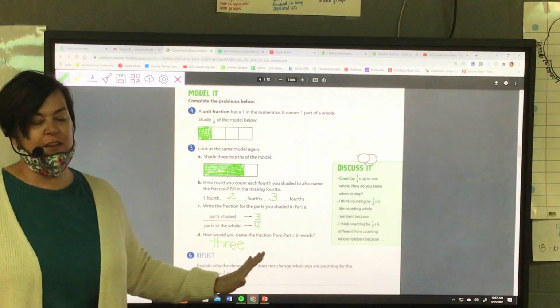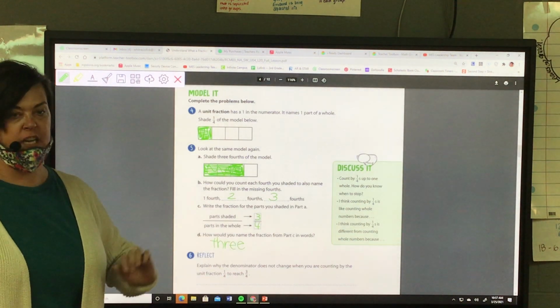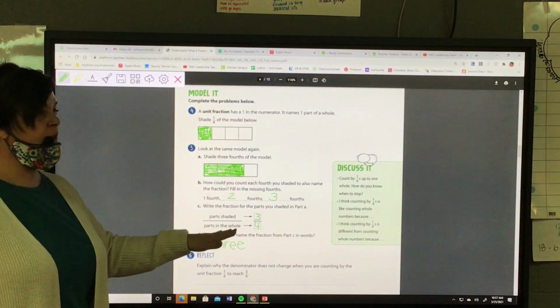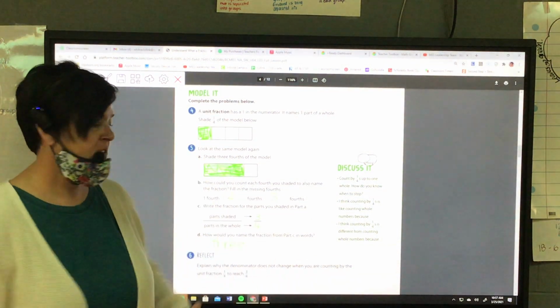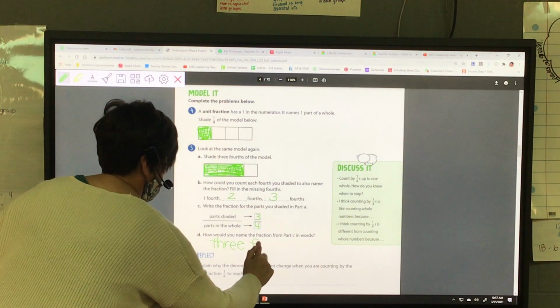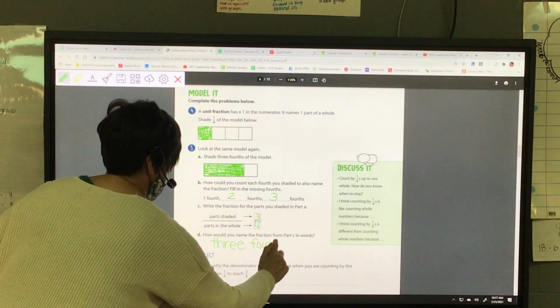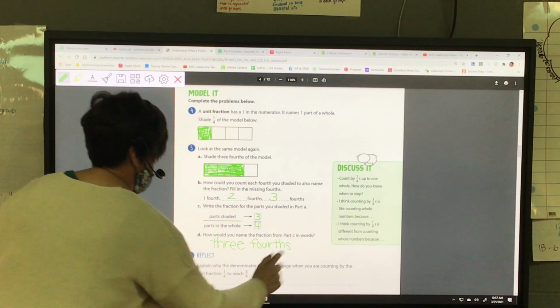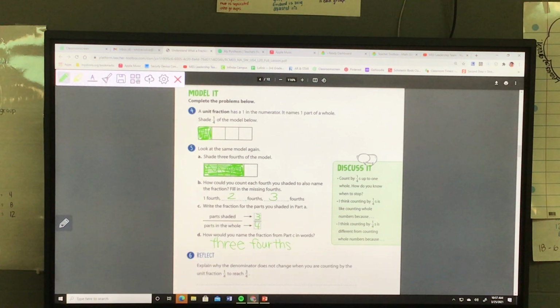When we say this as a fraction, this isn't just 4, is it? It's 3 what? 4. Let's write that. Right, but then 3/4.